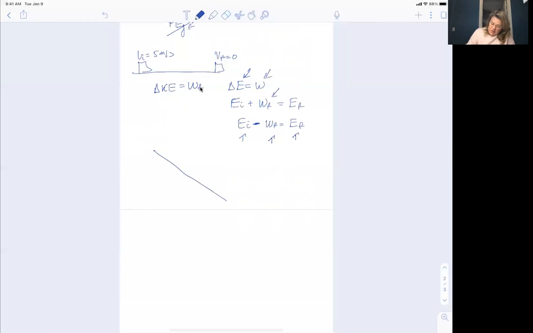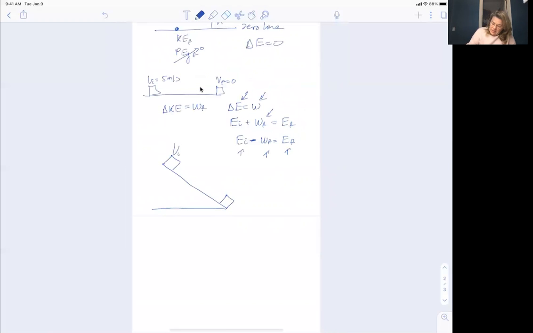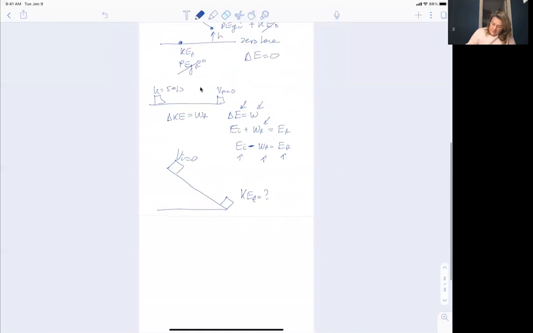What if I had it on an incline? Now maybe it's sitting here at 0 with some final velocity, we don't know what it is, and maybe we want to know how much kinetic energy is here. Well, now I have an elevation change.